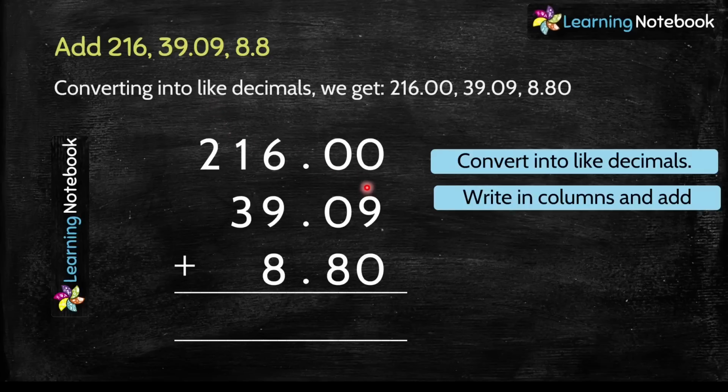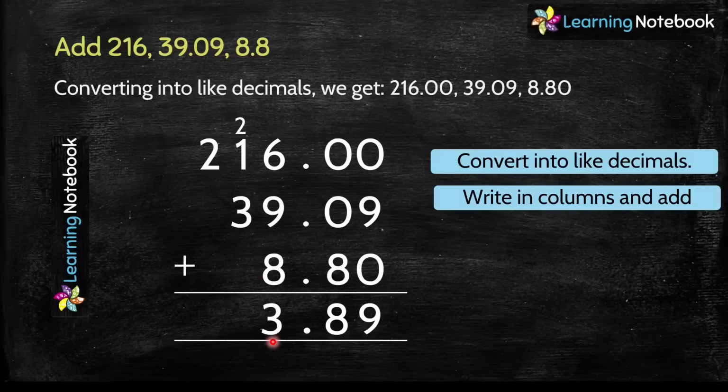In step 3, we will start adding them and we will first add the decimal part. So 0 plus 9 plus 0 equals to 9. Next, 0 plus 0 plus 8 equals to 8. Then put a decimal point in the answer. Now we will add whole number part. 6 plus 9 plus 8 equals to 23.